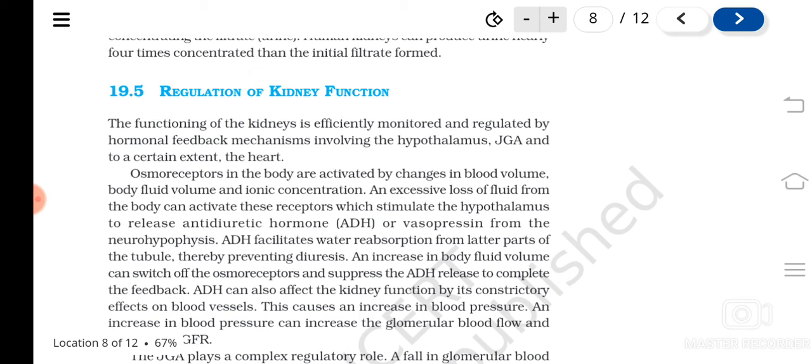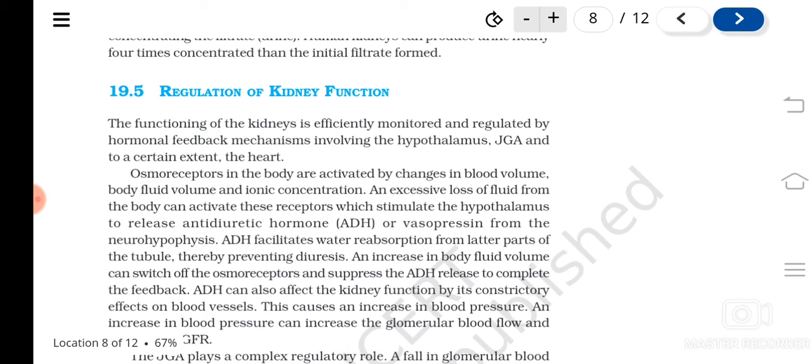An increase in fluid will switch off the osmoreceptors. Osmoreceptors will no more give a message for the pituitary gland to produce ADH. Then what will happen? If ADH is not there, it will not give the message for reabsorption, and thereby the amount of urine produced will be more. So it depends. If there is less water, ADH will be produced and it will give the message for reabsorption of water.